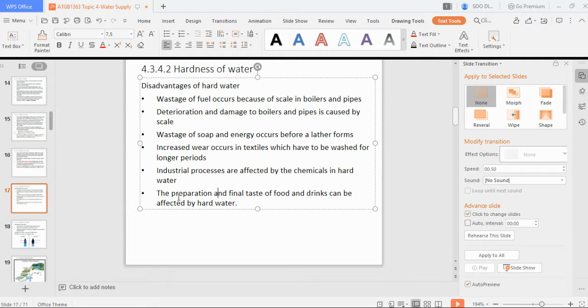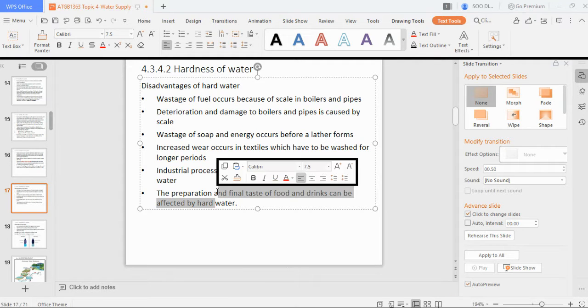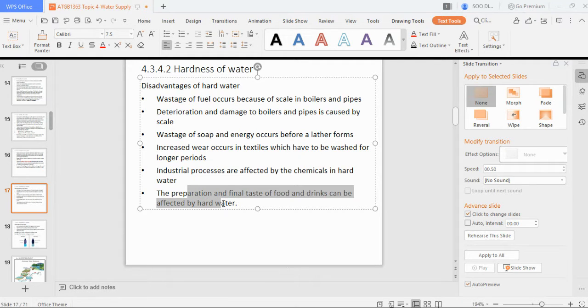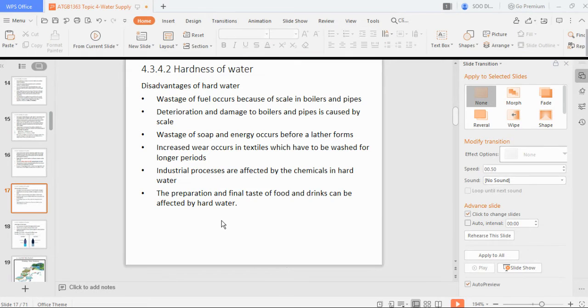So finally, we have the inconvenience of the foul taste. The taste of food and drink can actually be affected by hard water. Why is it affected by hard water? Because of the minerals present in it.